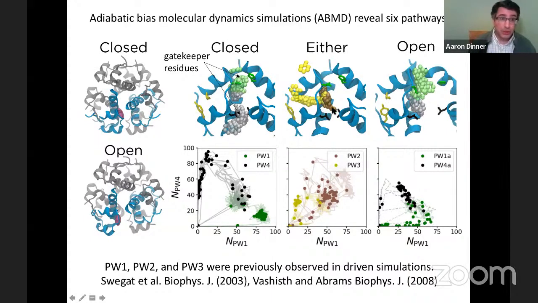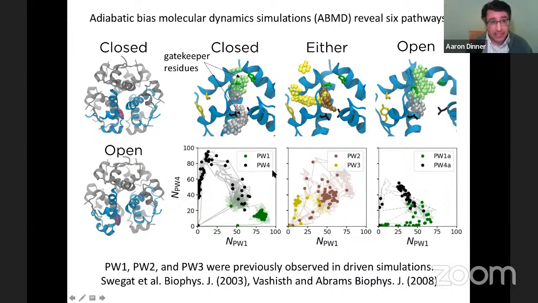Pathway 2 is the phenol coming, in essence, between the two sets of gatekeeper residues, so avoiding the gate. Then pathway 3 is quite different from the other pathways I've mentioned. It's going out through the dimer interface, so it's a different direction, going back, as shown here in yellow.